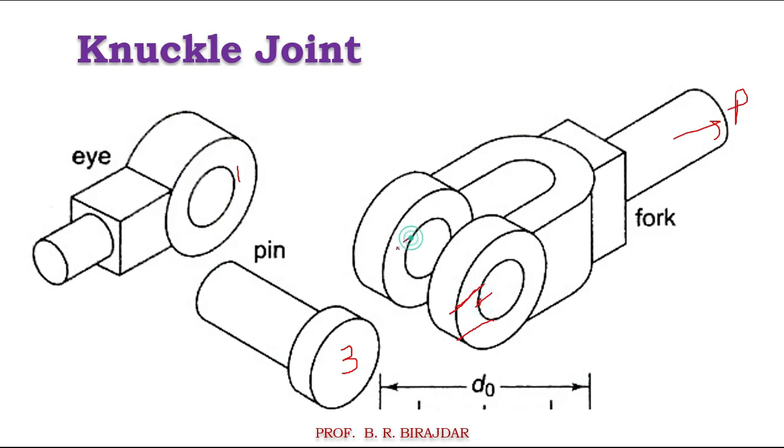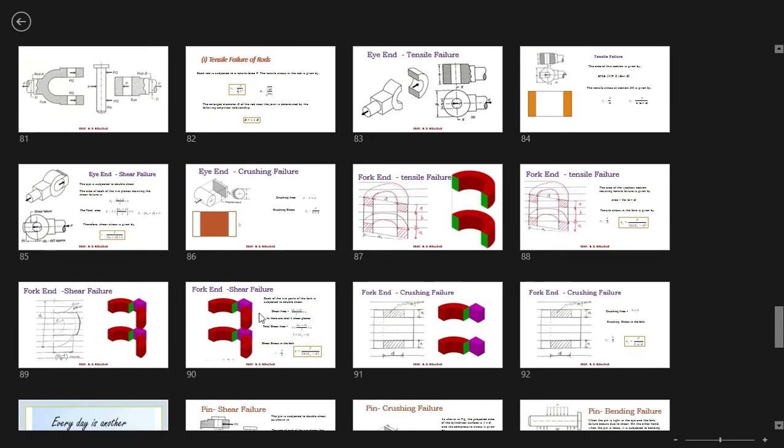Similarly here it will shear off. So this is the shearing area here, here, and here. There are two forks, two ends of this fork, so here again the shearing on two sides. This is where you will get the shear failure.